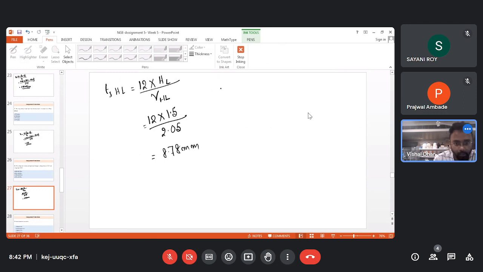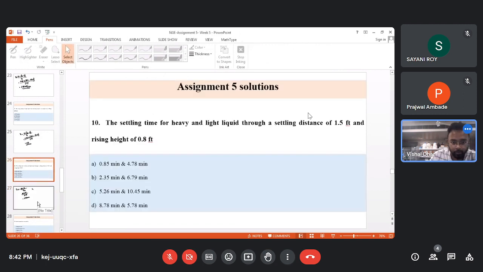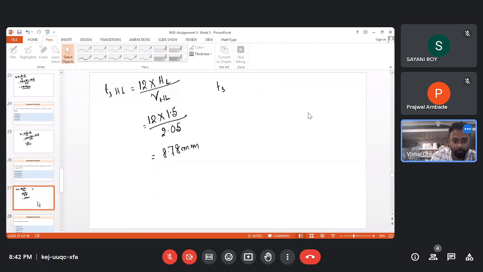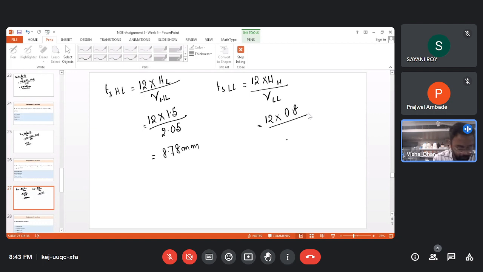And for the light liquid, we found the settling time for the heavy liquid; for the light liquid it will be 12 into H divided by the velocity of light liquid. So it will be 12 into 0.8 divided by 1.66.